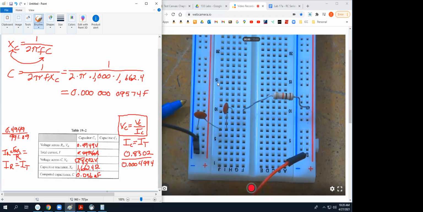Find the current in the circuit by measuring the voltage across the resistor as before and dividing by the resistance. Enter the measured voltage and the current you found in table 19-3. All of my stuff on the left over here, I'm going to delete, just so everybody knows. I'm going to put table 19-3 in there.